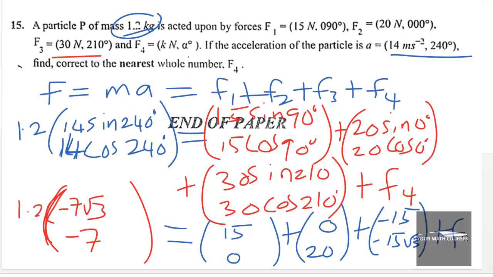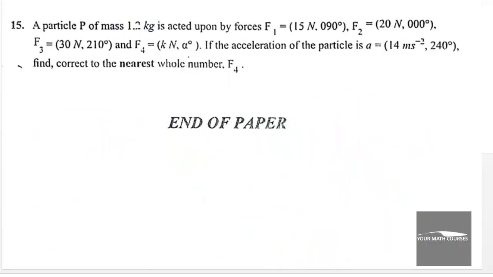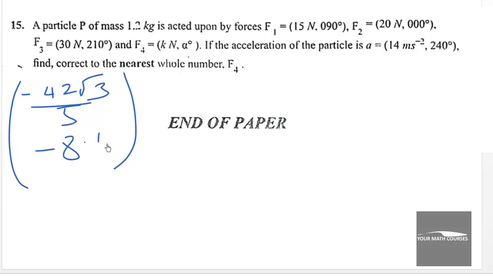So let's multiply 1.2 by the force to obtain negative 42 root 3 over 5. Then we have negative 8.4.